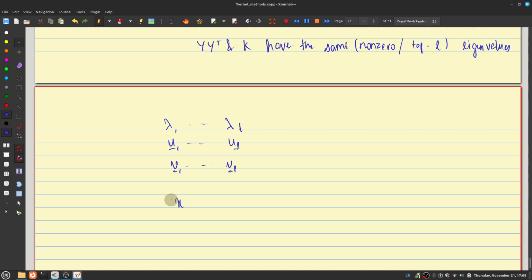It is going to be U transpose times Y. So in other words, I need to be able to compute U_i transpose Y for i equal to 1, 2, 3 up to L.